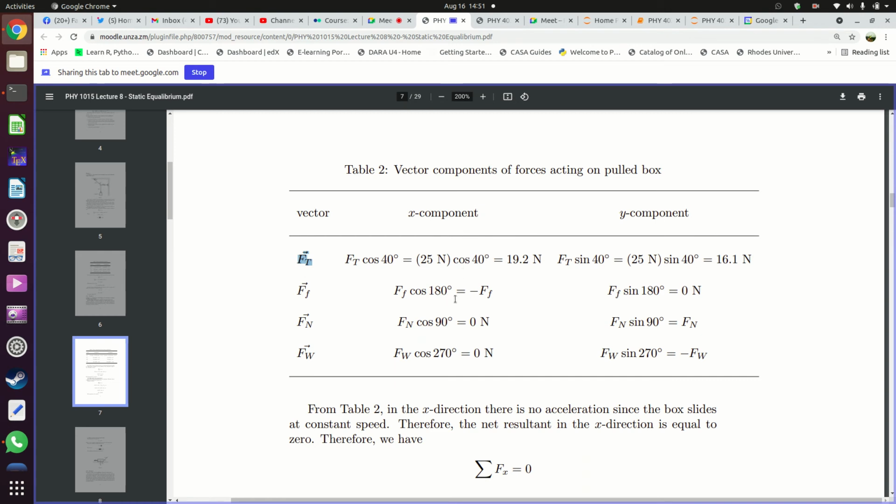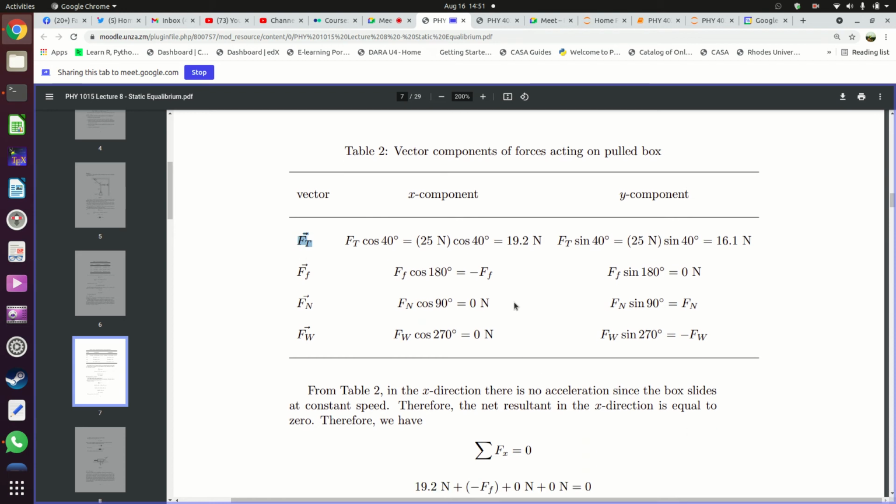After you are sure that these are the forces, these are the x components, and these are the y components, the next thing you have to do is add the x components, the 19.2, plus this, plus this, plus this. When you add them, they should give you 0, which is what is being done here. The sum of the forces along the x-axis should give you 0. Then you also need to add the forces along the y-axis. Your 16.1 plus this, plus this, plus this, they should give you 0.